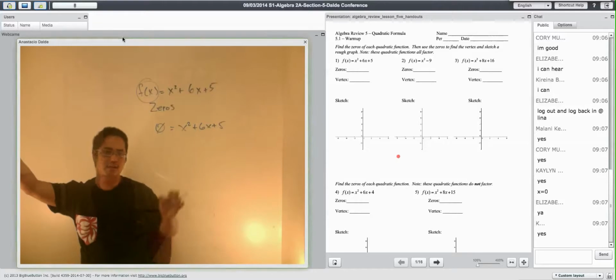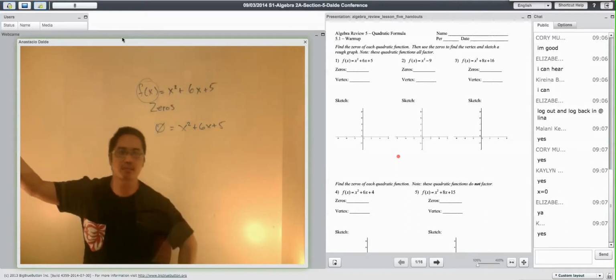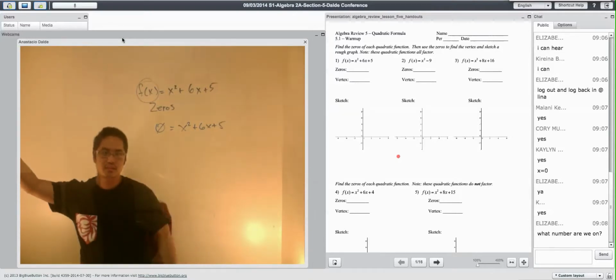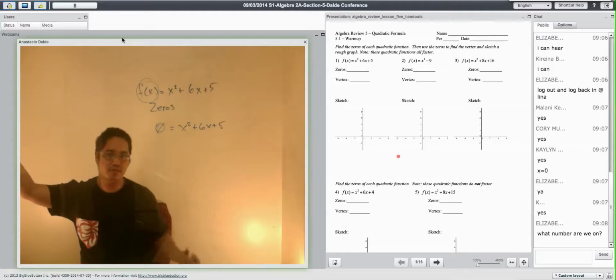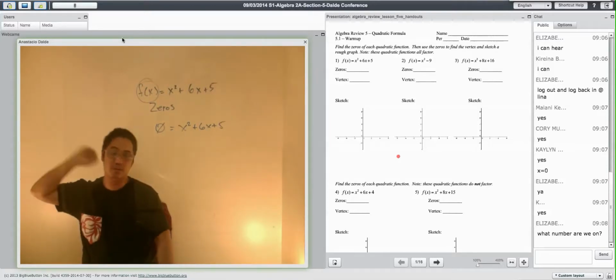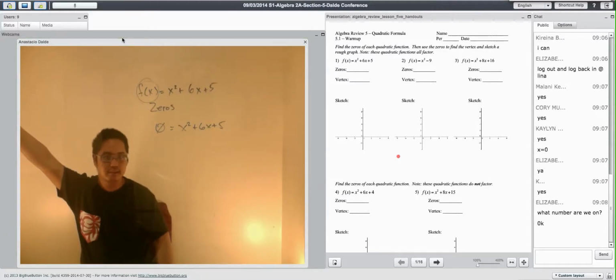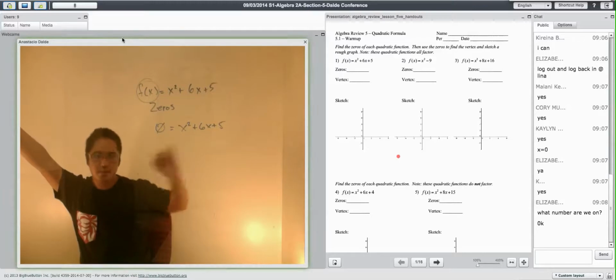Now, I have a question. Do you guys know how to solve this? I'm not sure, actually. This is the first one on page 5, in section 5.1. This is review number 5. All right. Do you know how to solve this problem?